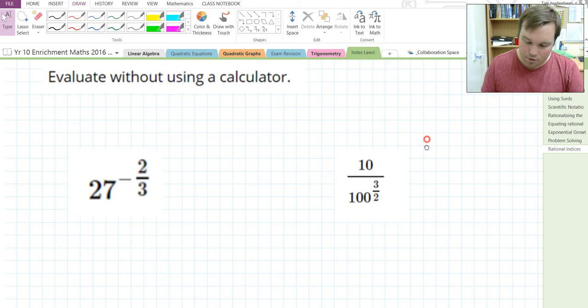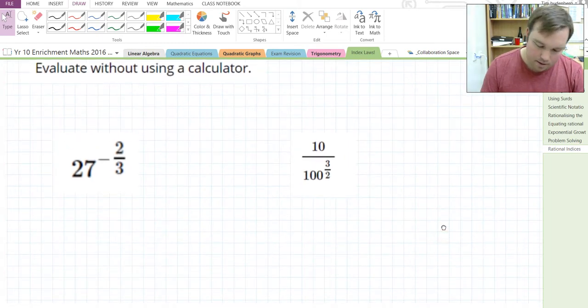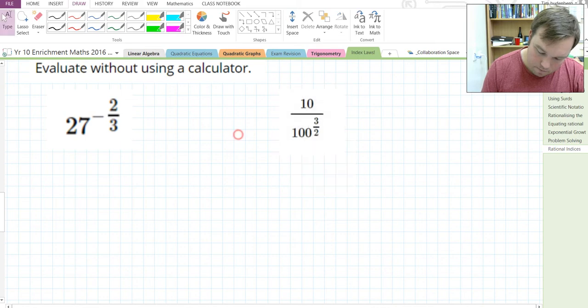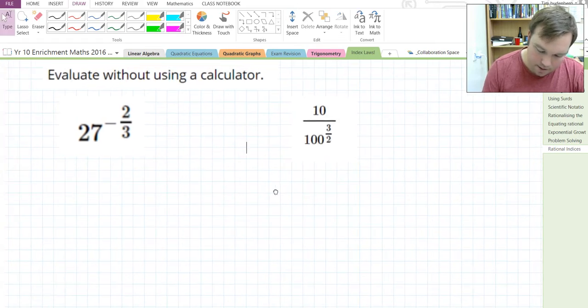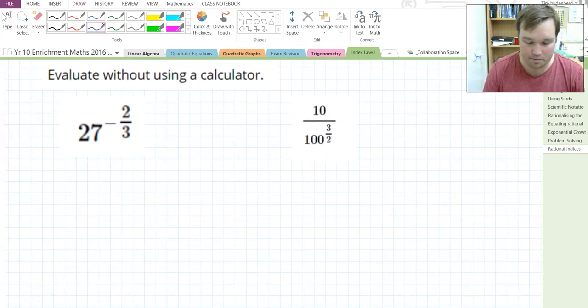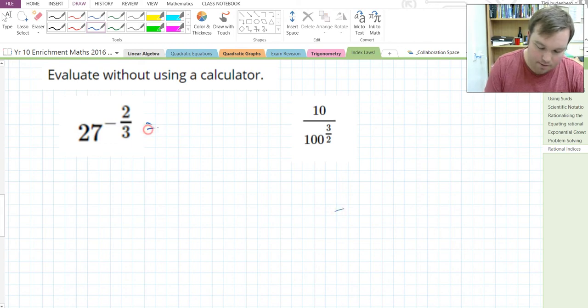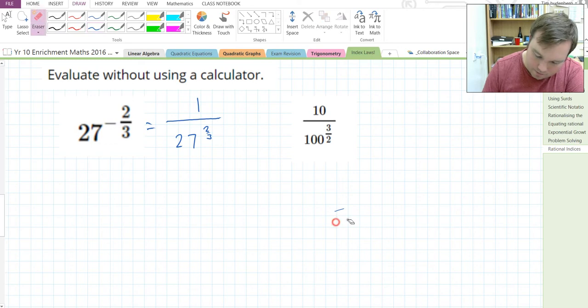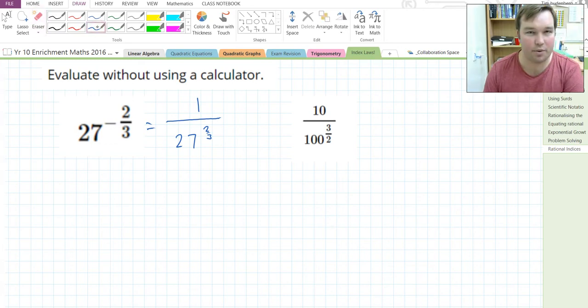Evaluate without using your calculator. Alright, firstly, negative indices are really no fun, so let's rewrite that as a positive index. 1 over 27 to the 2/3. Now, we recognise that 27 has got something to do with 3, so let's see what happens when we get it by itself.